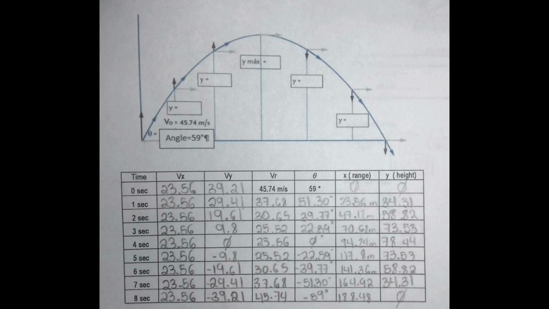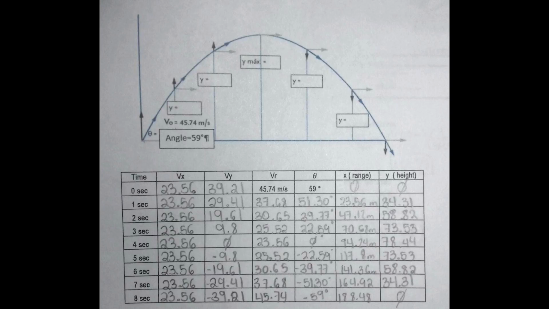Okay, now to obtain the range, initially we know that the range in x is 0, always. So what we did is multiply the vector in x, that is 23.56, times 1, and we obtain the range in the second 1.